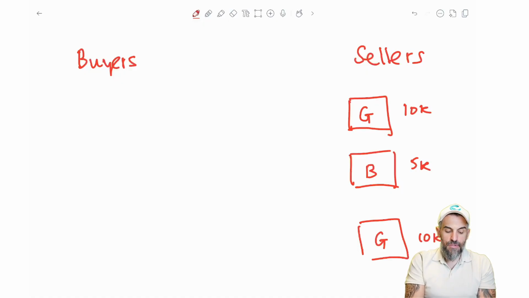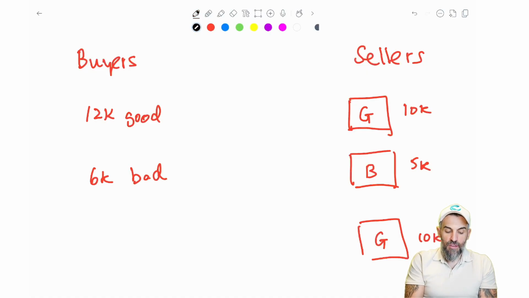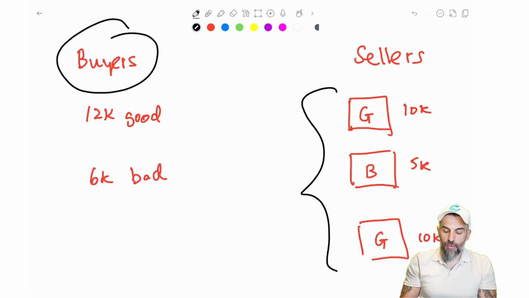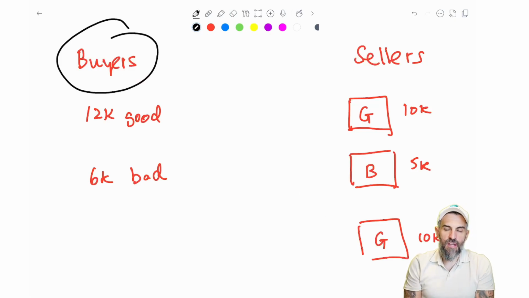The buyers are willing to pay 12,000 for a good car, but only 6,000, let's say, 6,000 for a bad car. The problem is, again, they don't know which car is good or bad, right? They get to the lot and all the cars look the same.